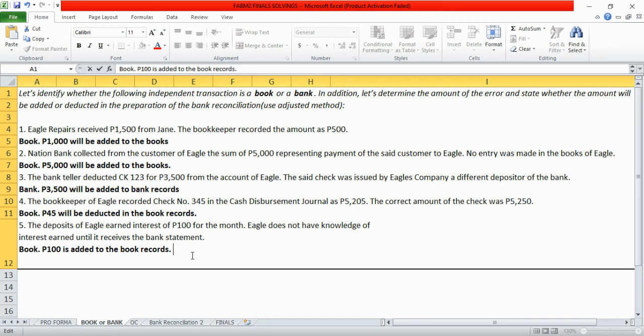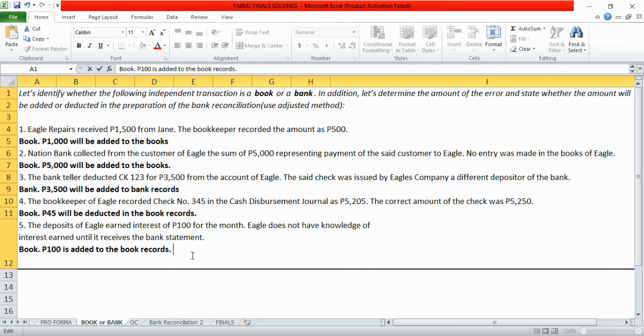The said check was issued by Eagle's company, a different depositor of the bank. So this is a bank item, because we have to add 3,500 to the bank records, okay?